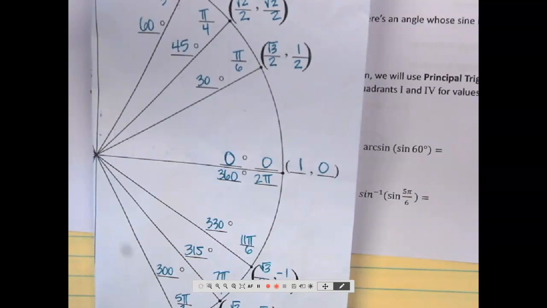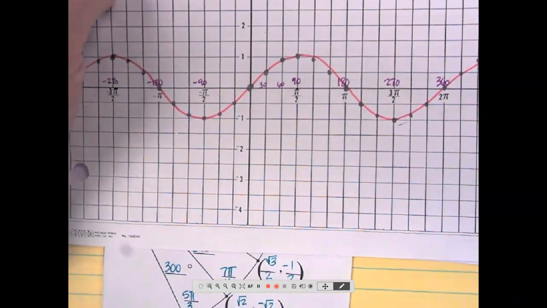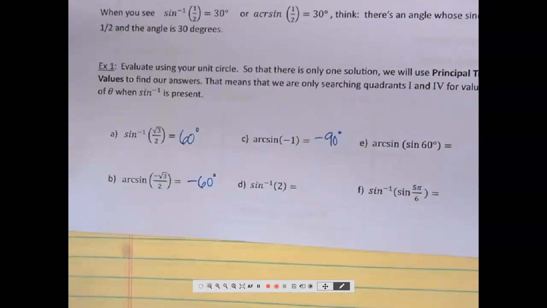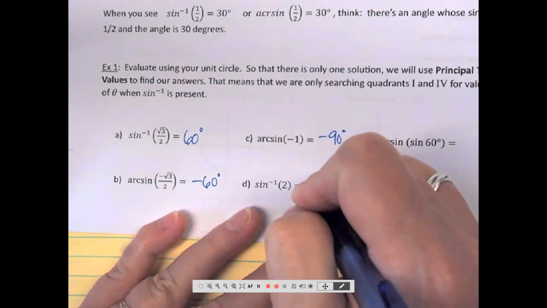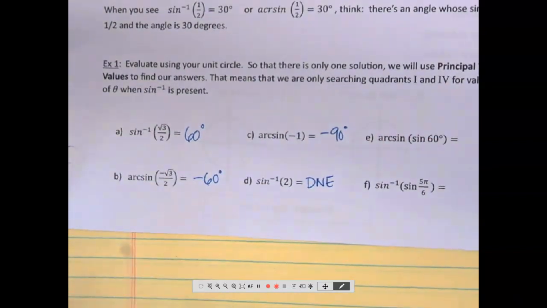Trick question. Okay, how would I know that anyway? What's the highest sine value of anything? 1. Nothing goes above 1. So is there an angle that has a sine of 2? No. So I would just say does not exist. Never going to find one that has a sine of 2 because 1 is the highest sine value.